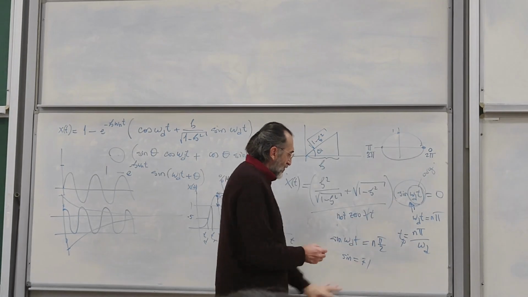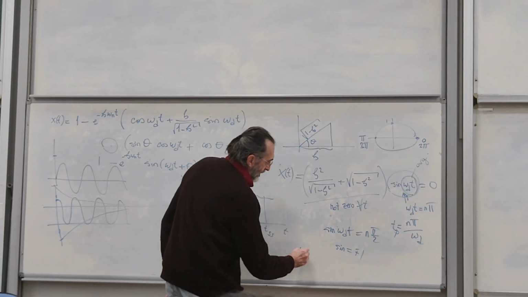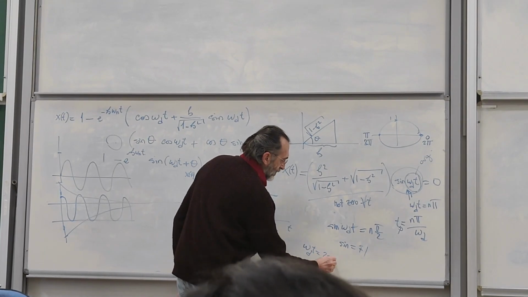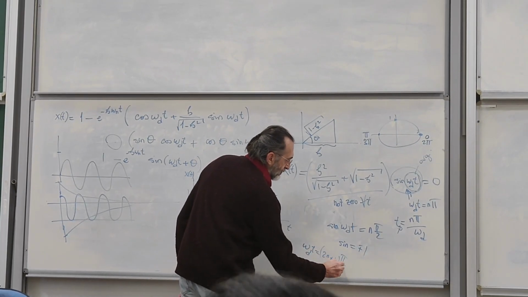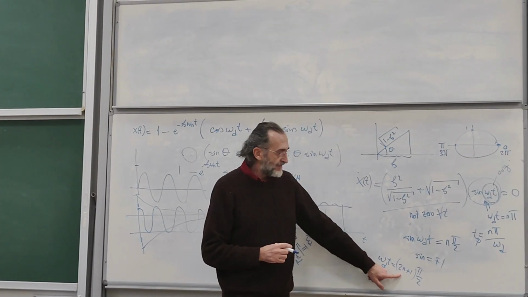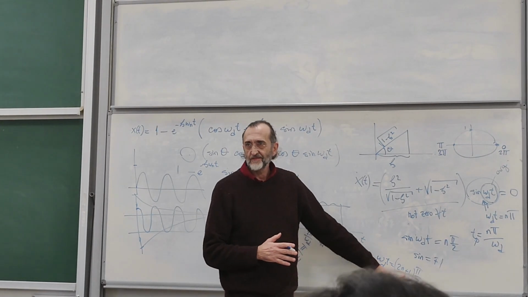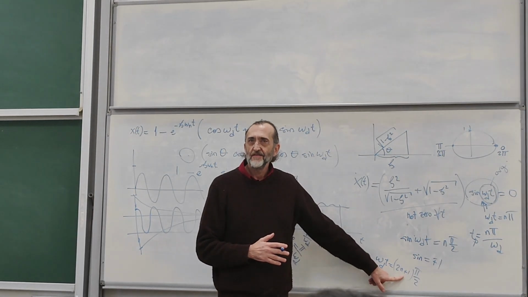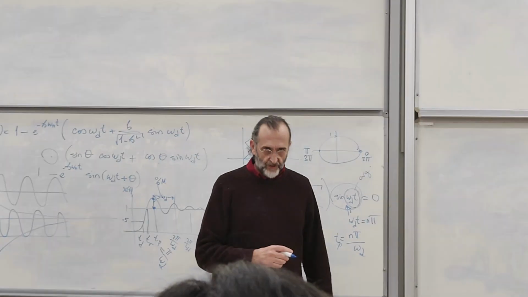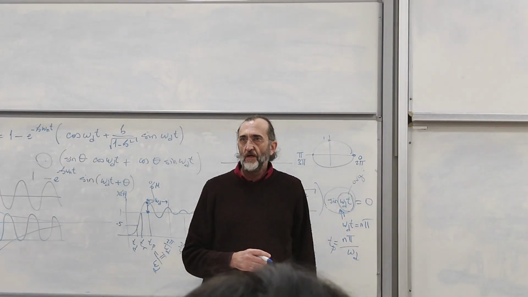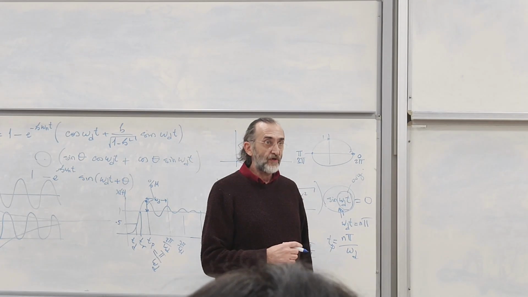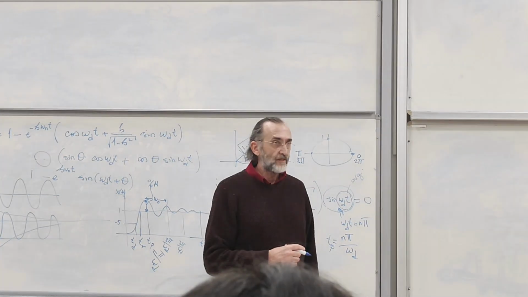So omega d t is equal to (2n plus 1) pi over 2. This has to be odd always, whatever n is. You follow that? Well, I hope you do.